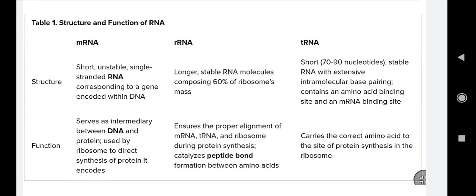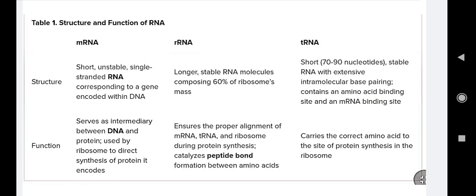Okay, what is the function of mRNA? It serves as an intermediary between DNA and protein, and it is used by ribosomes to direct the synthesis of the protein it encodes.